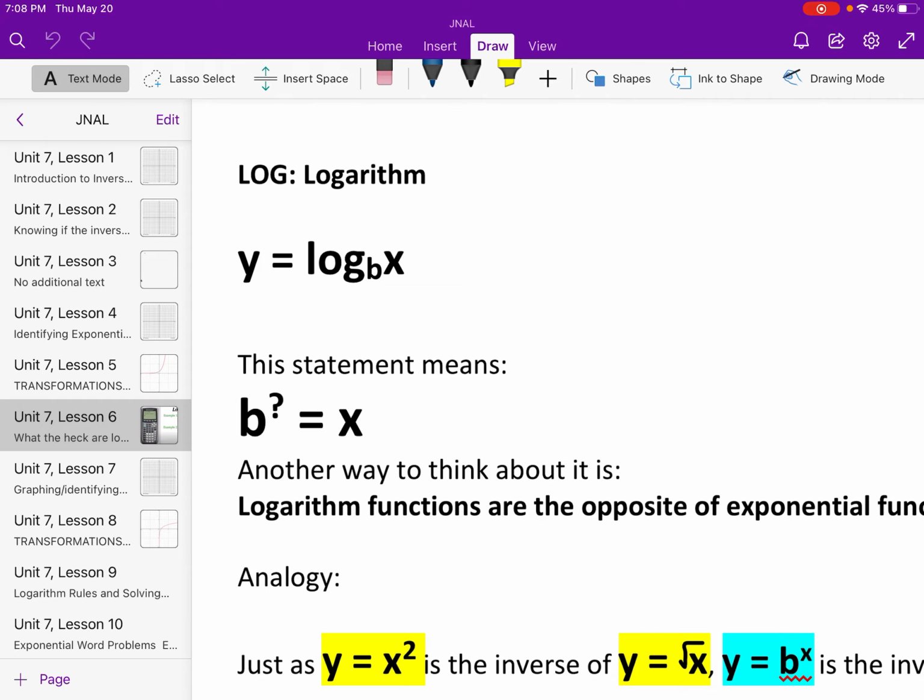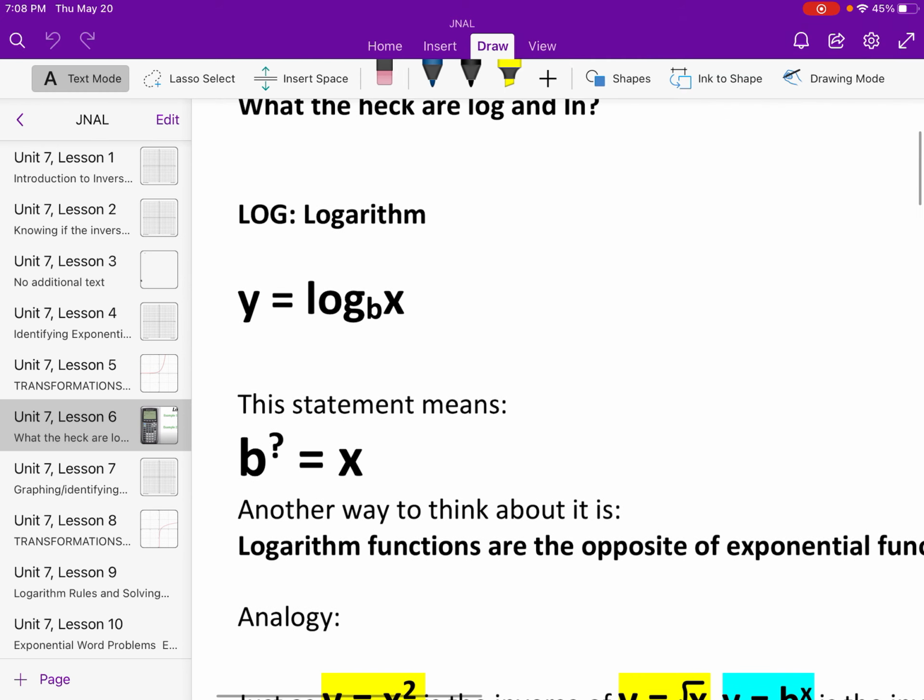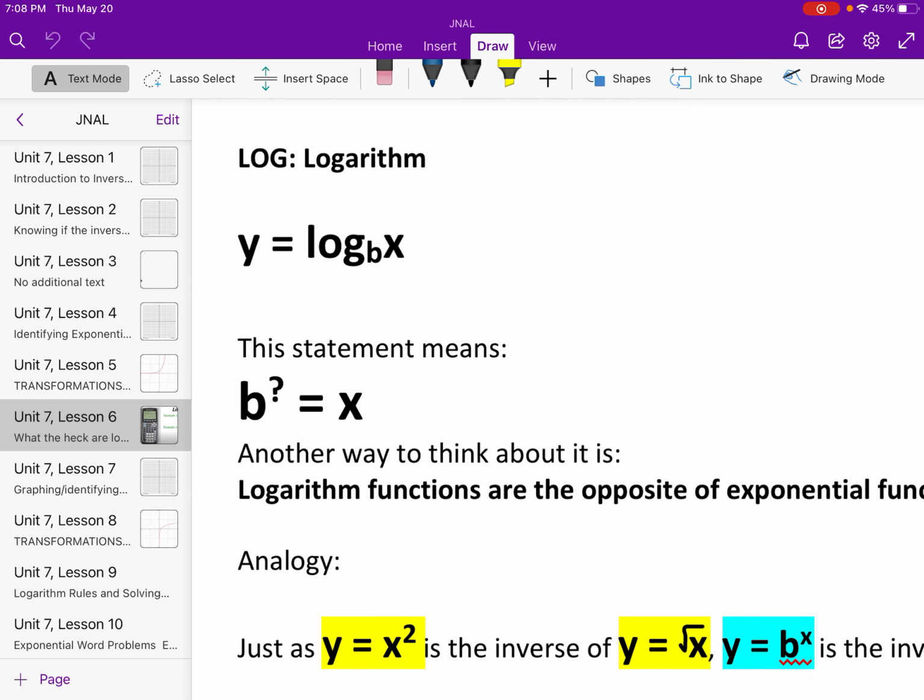So have you ever had a situation where you had something like 2 to what power equals, let's say, 8?